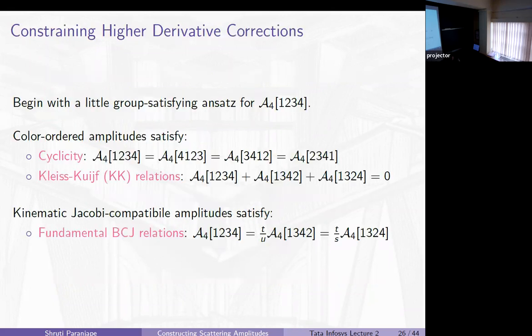Okay. So the logic is that we're going to look for color ordered amplitudes, which naturally will satisfy cyclicity and Kleiss-Kuijf relations, which basically say that they come from f^{abc}s. And in addition, we will ask them to satisfy the BCJ relations, which at 4-point is a very simple form.